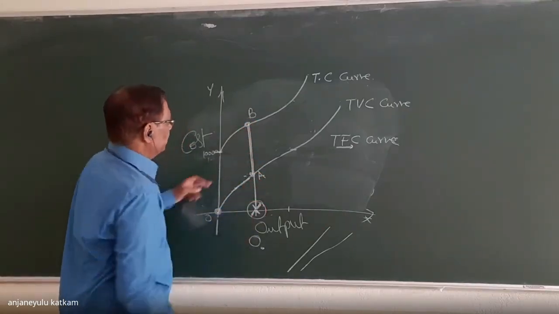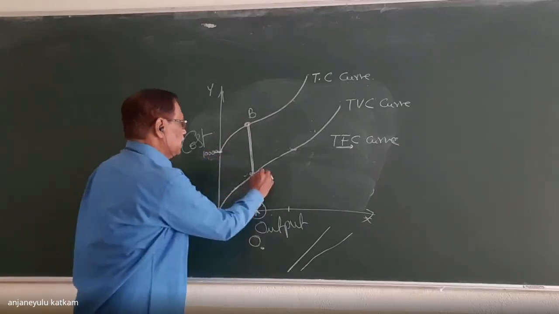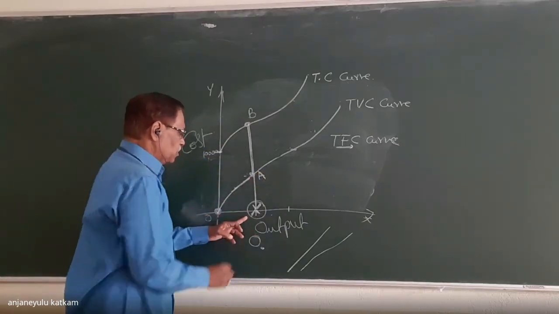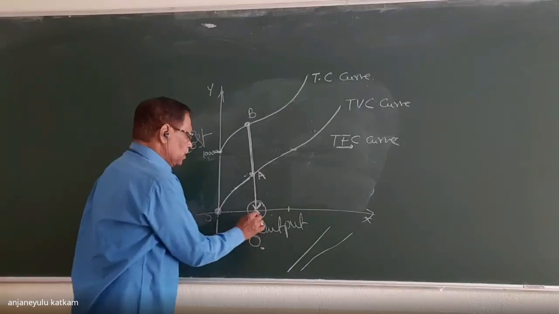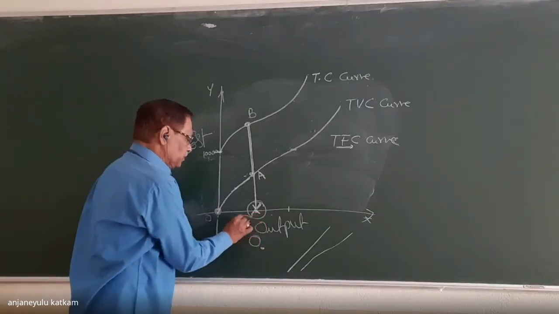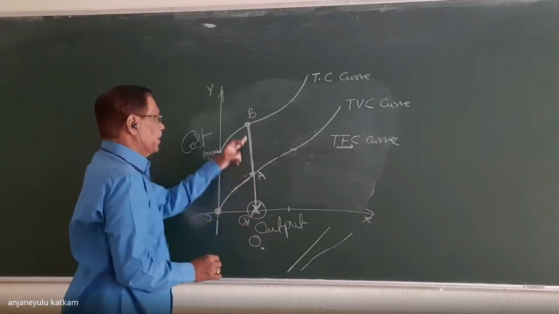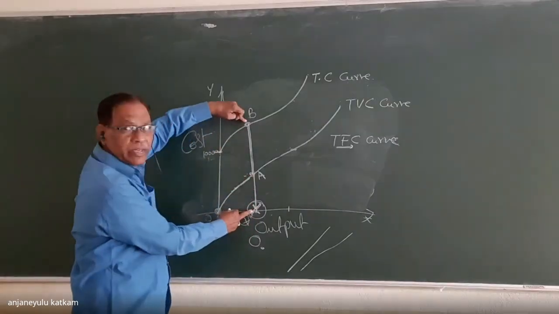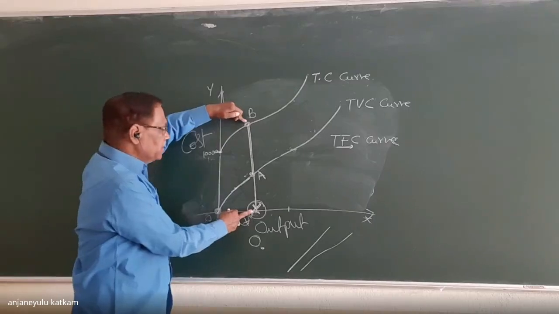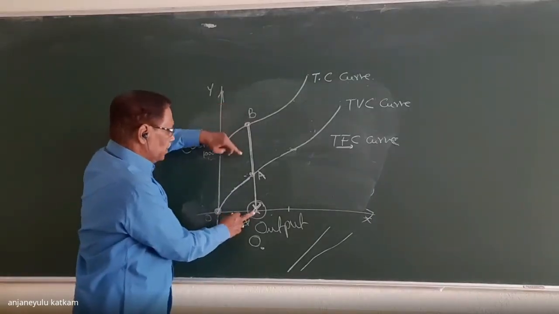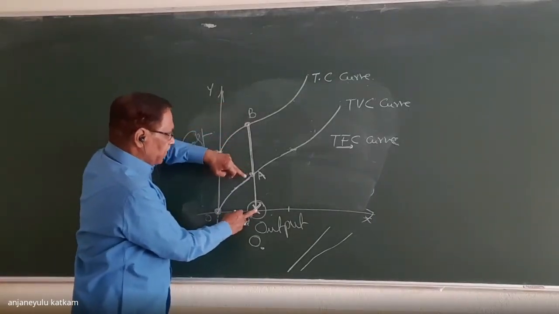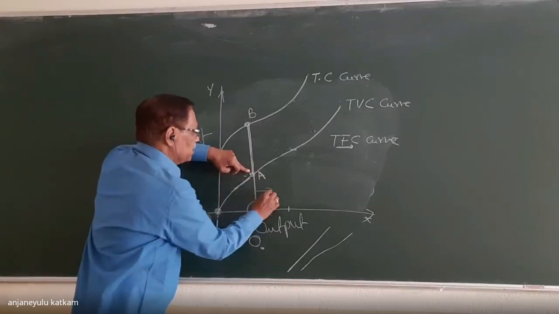Suppose this point is X: X, A, B is the vertical line. In this X, A, B, from X to A is the variable cost.